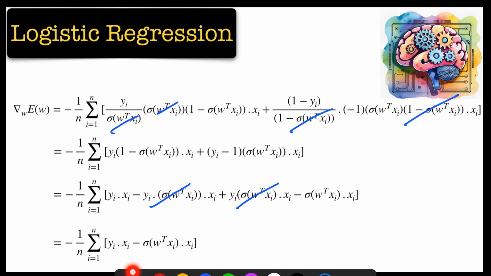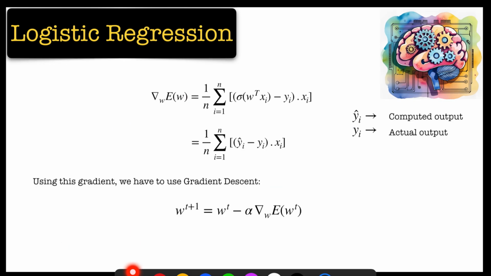Yi times xi minus sigmoid of w transpose xi times xi, and this is basically a summation, right? Now here we have one minus, and we can reverse this. So this is ultimately our gradient: 1 by n summation of i from 1 to n of (sigmoid of w transpose xi minus yi) times xi, right?